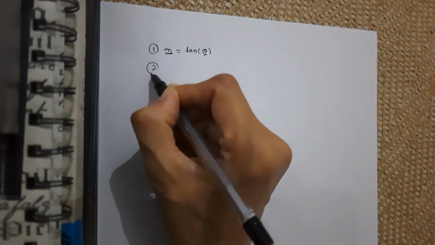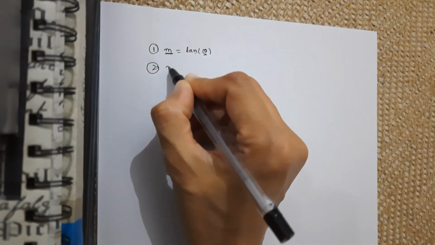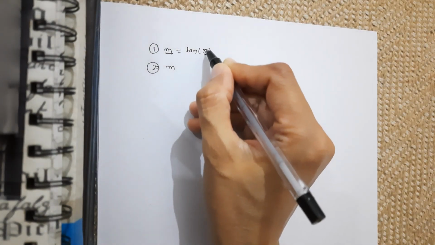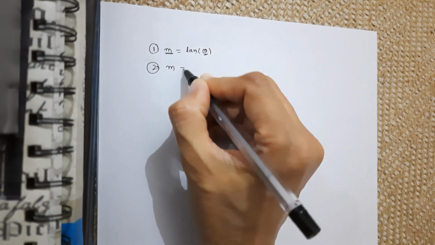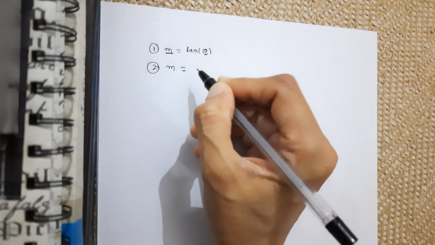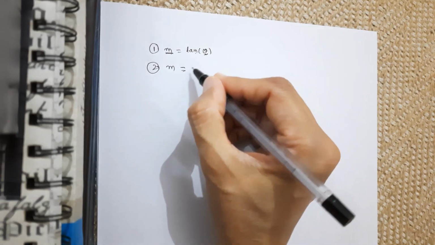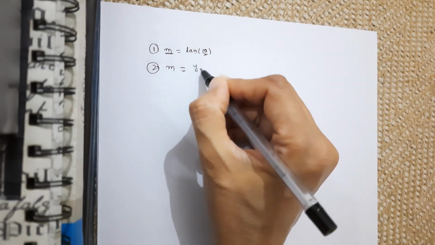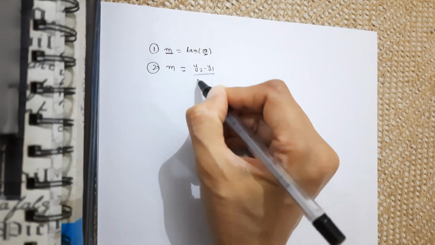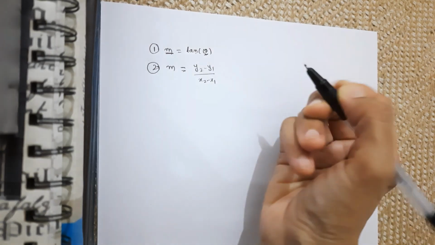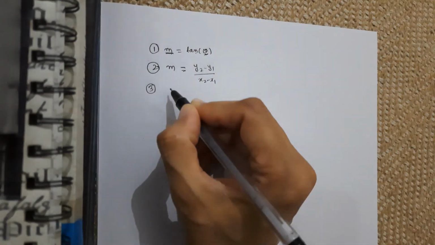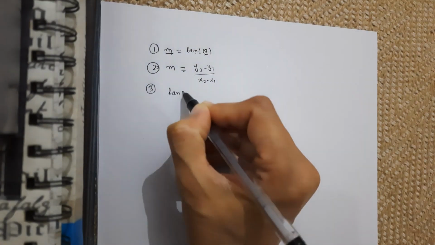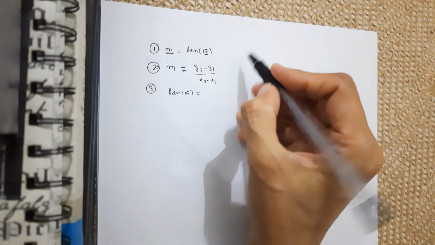Second, if it is not possible to measure the angle of inclination, but we are given 2 points on the straight line, then we can calculate the slope as y2 minus y1 upon x2 minus x1. And the third formula is for the angle between two straight lines cutting each other.